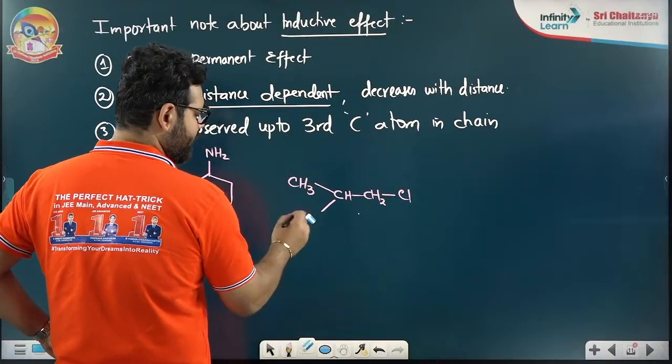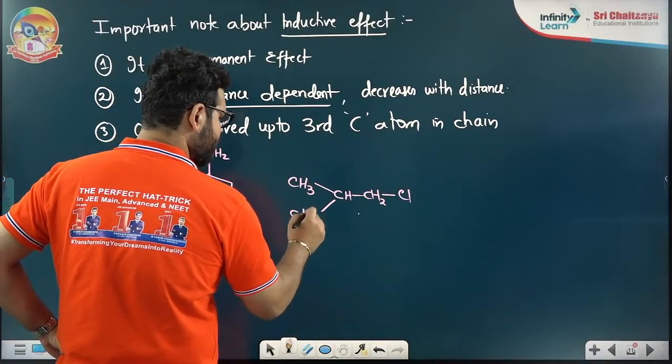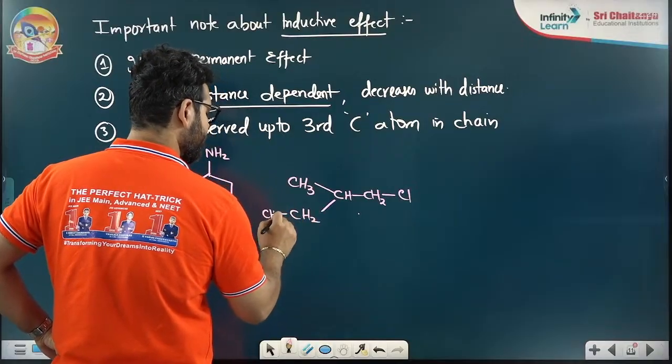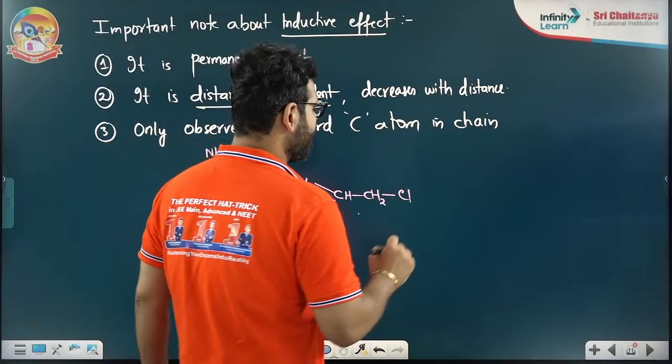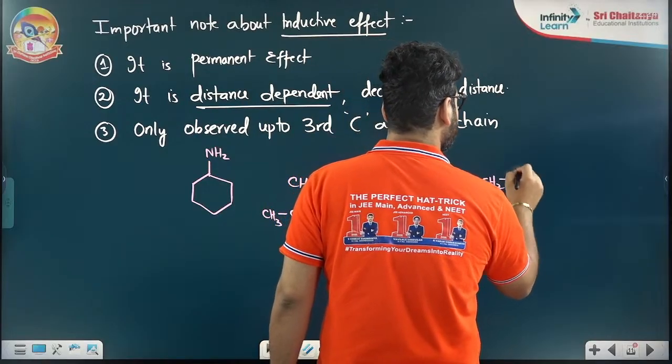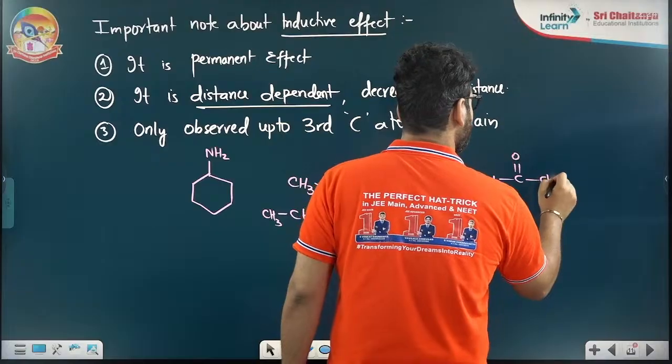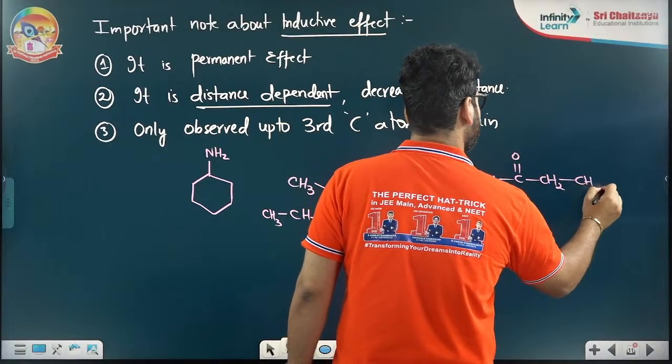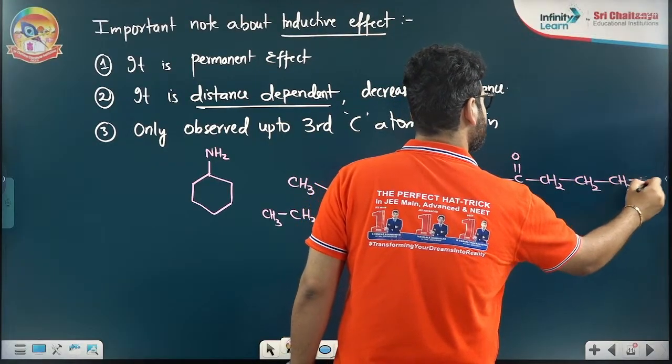And here let me take CH2, CH3. Let me take one more example. CH3, CH2, C double bond, CH2, CH2, CH2, CH3.